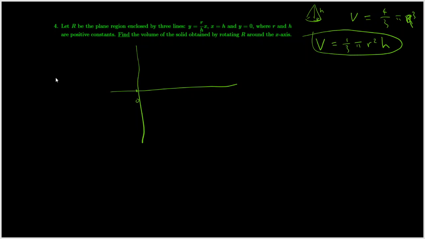Again, here r and h are numbers. X and y are variables. So the graph of the equation is a line, and we restrict the line from 0 to h.